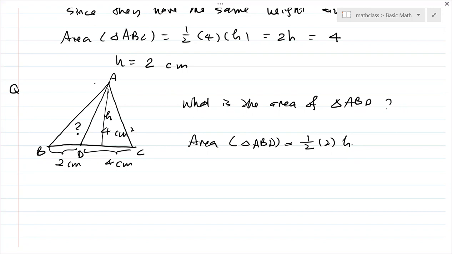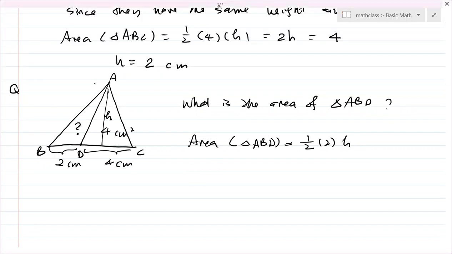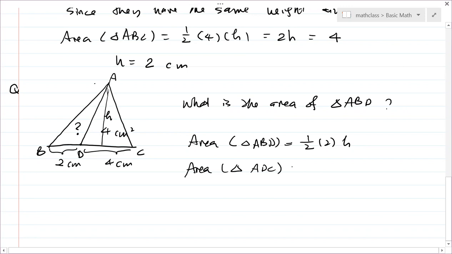H is not given directly, so you use the triangle on the right-hand side to figure out h. The area of triangle ABC is going to be half of 4 times h, and that is going to be 2h, but we already know it's 4, so h is going to be 2.